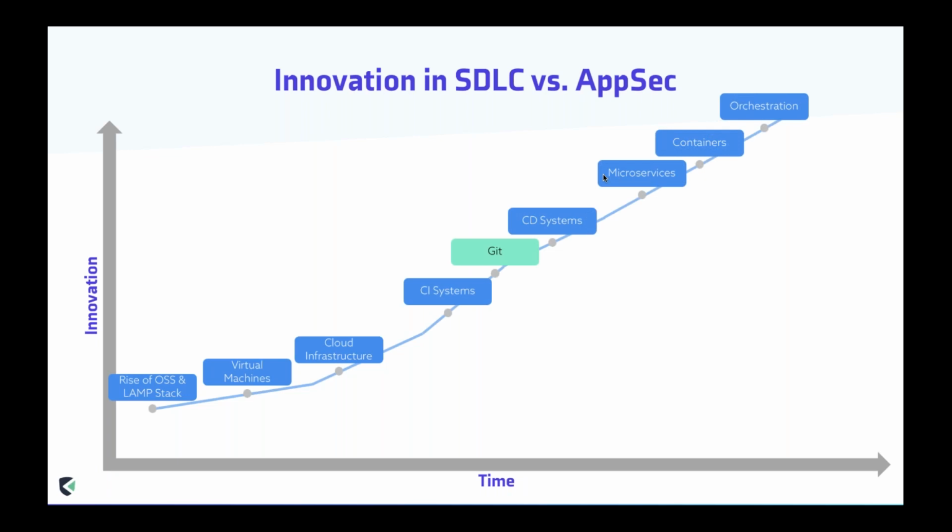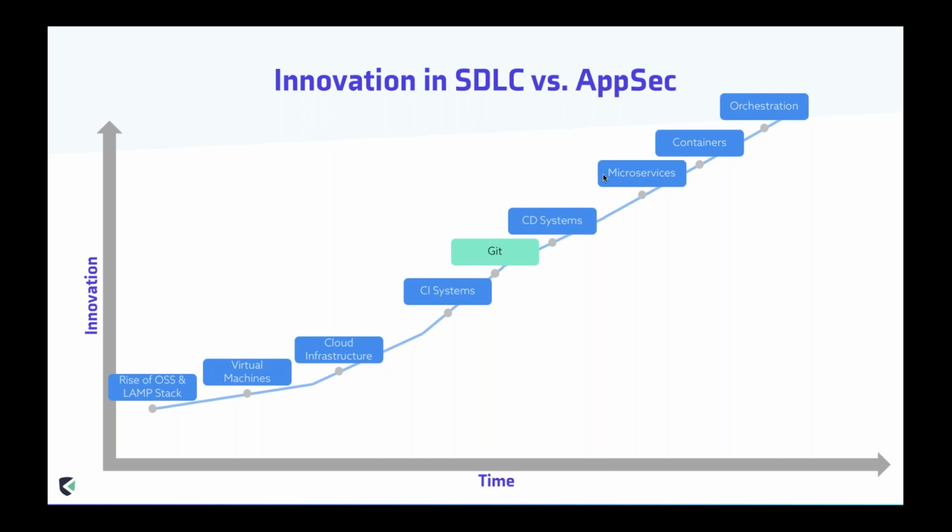Not going to jump into every single one of these, but there's been a massive amount of innovation in the software development lifecycle. If you scroll back to 20 years ago and you think about what those waterfall release models were, and you think about what the agile release models are today, it's just night and day. People used to release software once a year, once a quarter. Now there are many organizations that release multiple times per day.